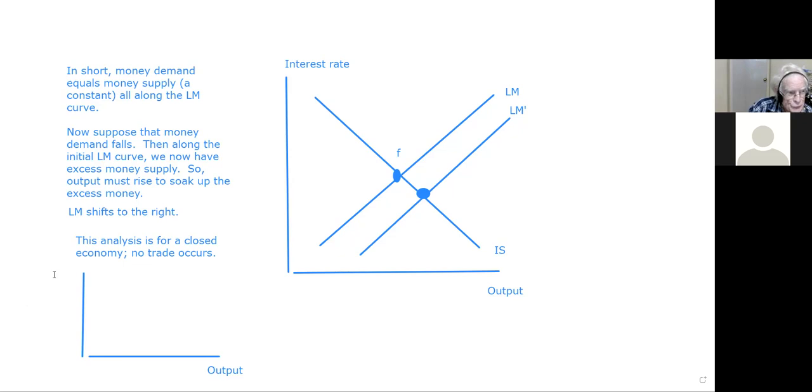So the interest rate is no longer a variable, it's a parameter, it doesn't change. But the exchange rate can change. The exchange rate of tenge per dollar.